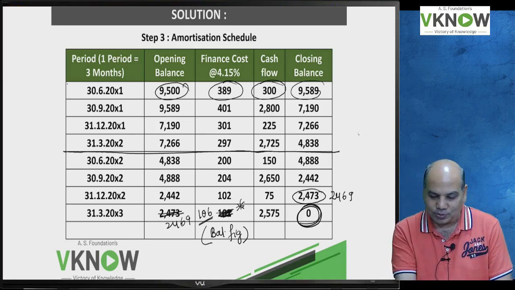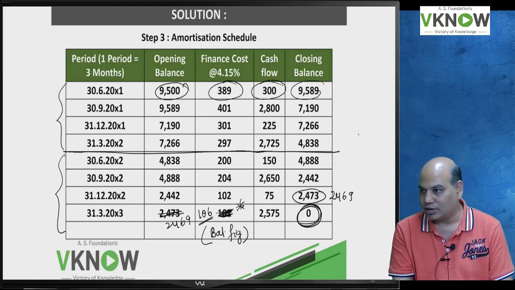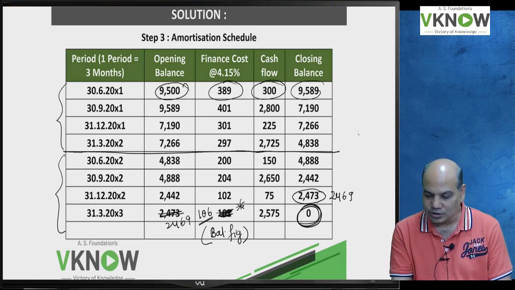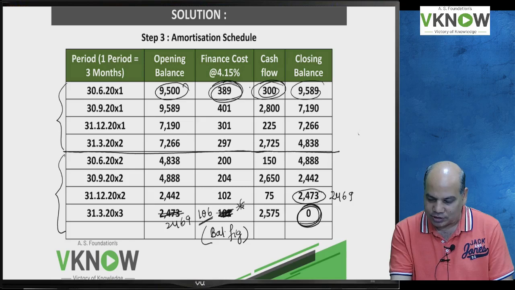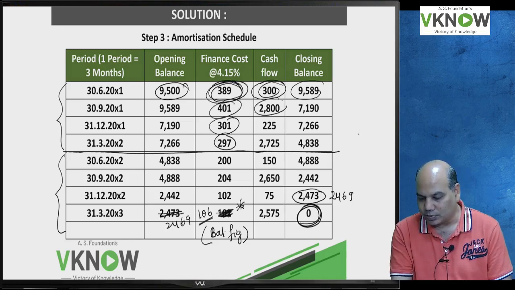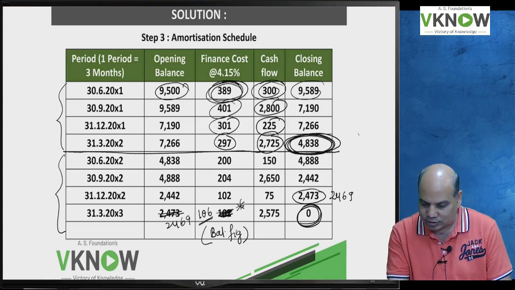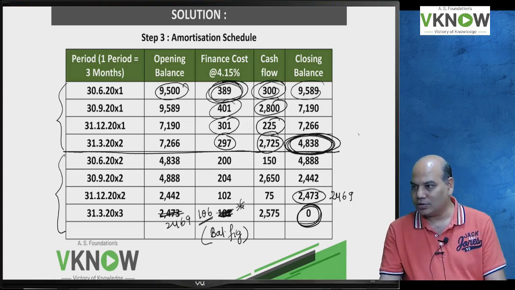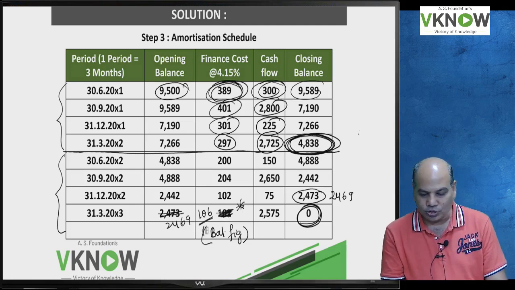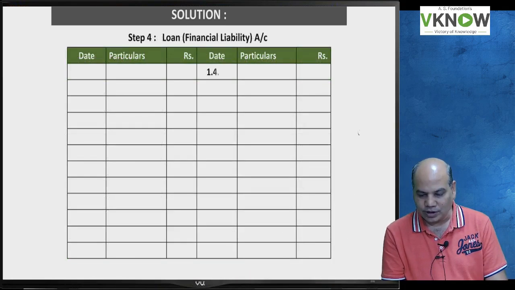So I will close the books only 2 times in my ledger. Otherwise I'll just keep on paying the interest and keep on recording the interest accrued. So these 4 entries we will record first, then we'll close after year 1, and we will get this balance. We don't close the books quarterly in the classroom or exam.